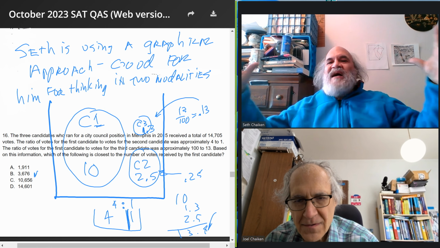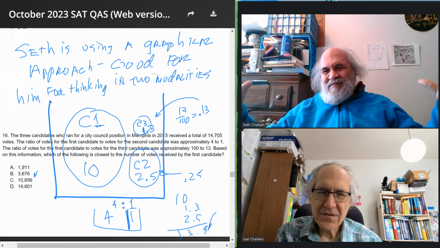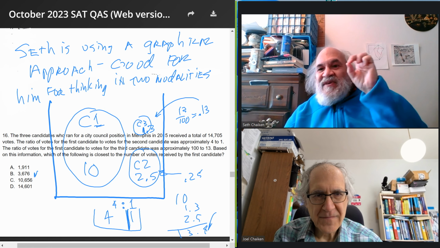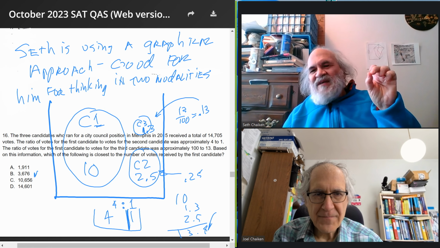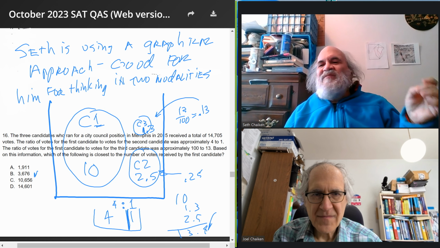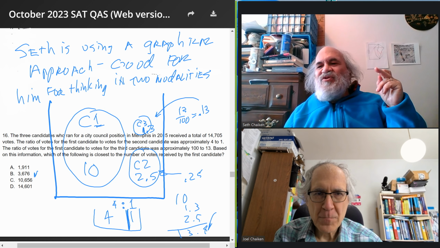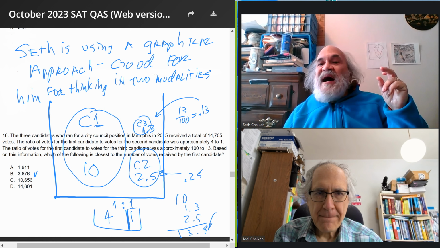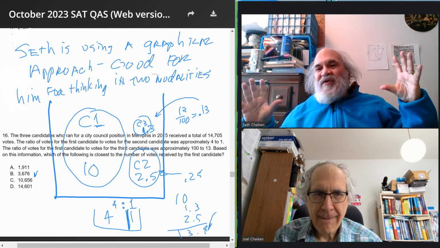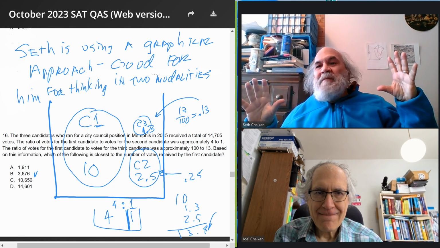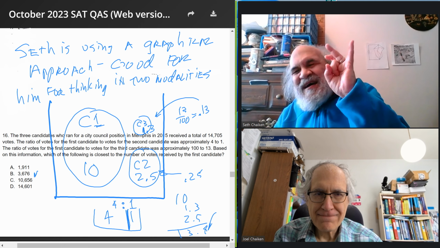No. There's a pot of candidates. And then you start talking about the individual candidates. And you say one candidate got 4 times as many votes as the other candidate. Two candidates might have gotten most of all the votes, or they might have been tiny minority candidates.